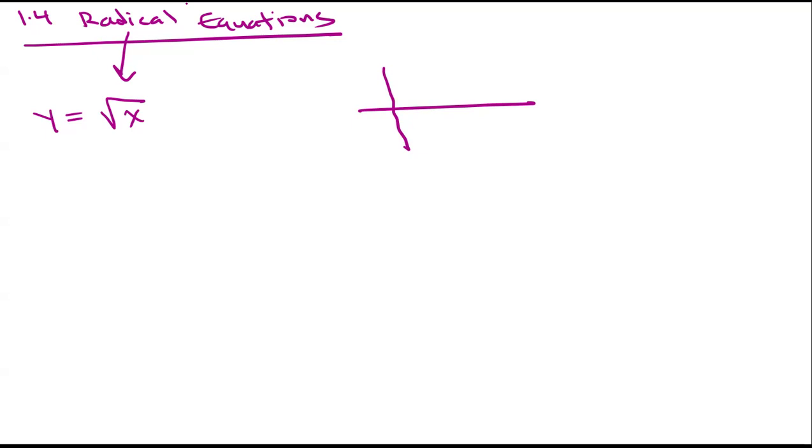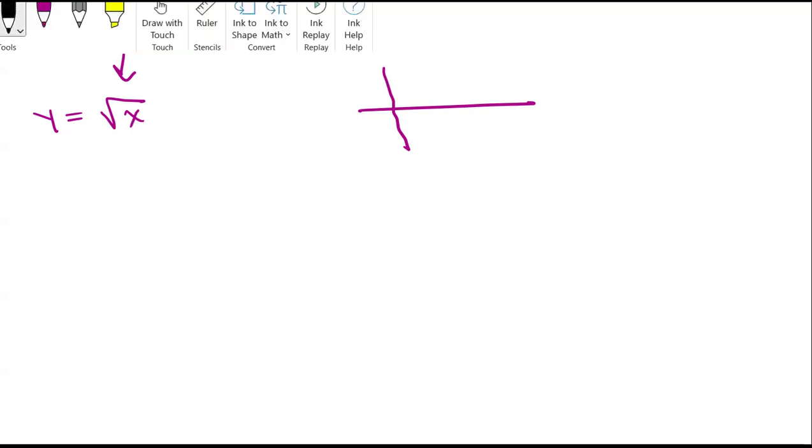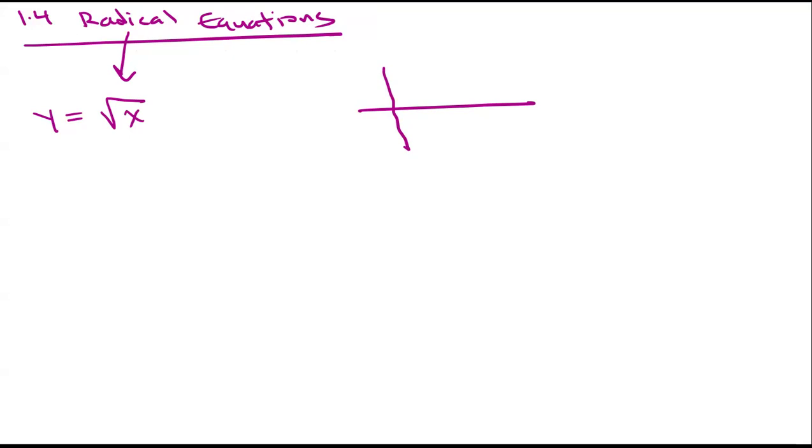Or if you remember by memory, y equals square root of x looks like a football being kicked into a field goal or a ball being thrown up in the air. Something like this. So this is y is equal to square root of x. This is a radical graph, or the square root graph.